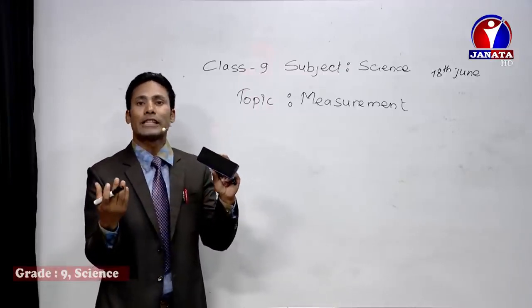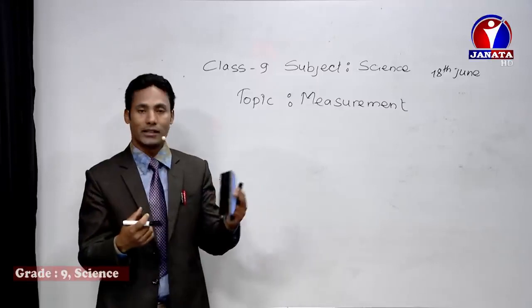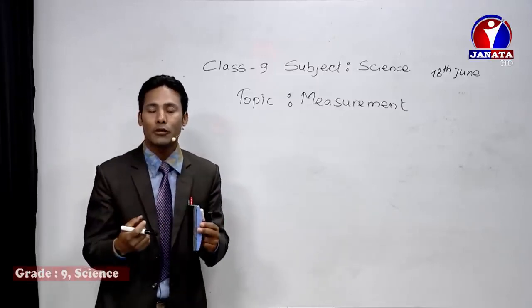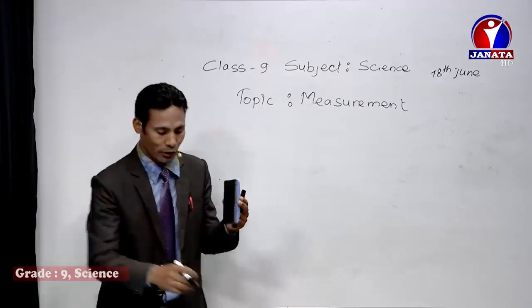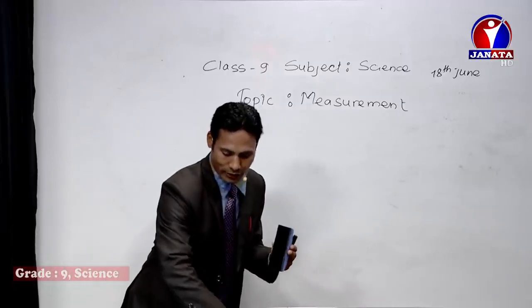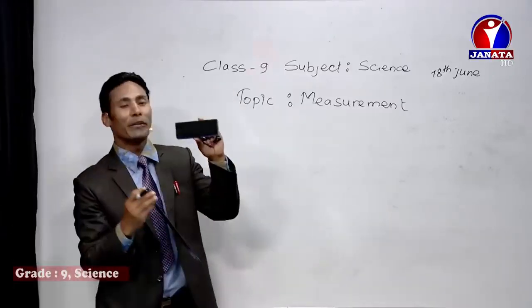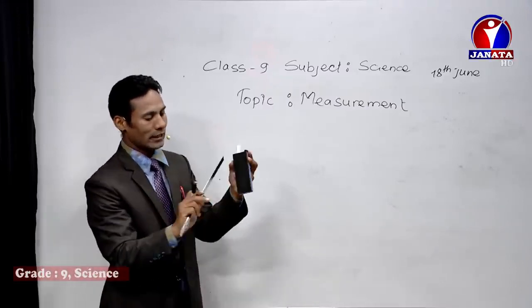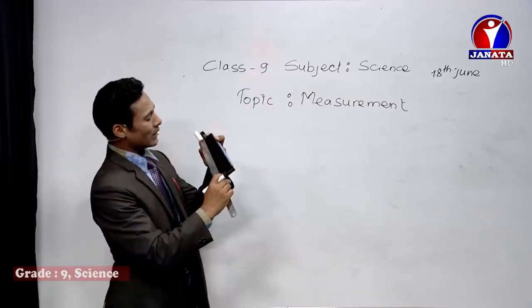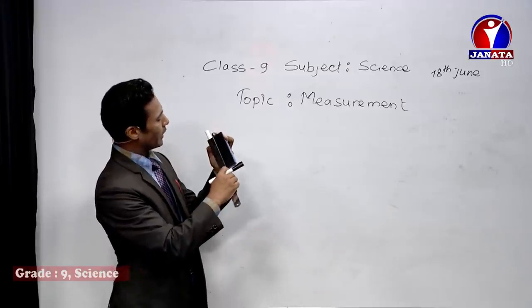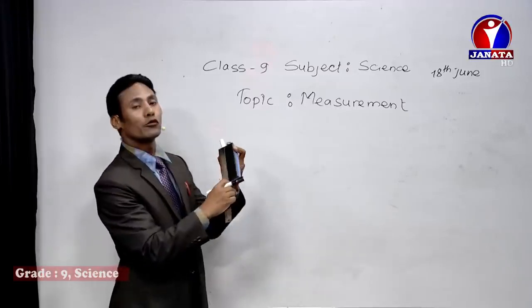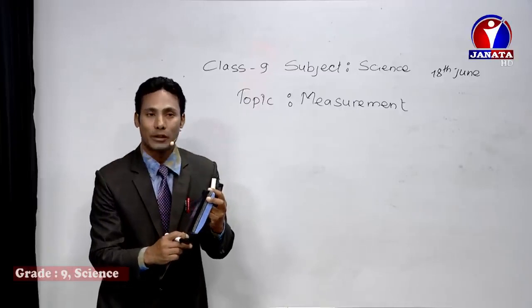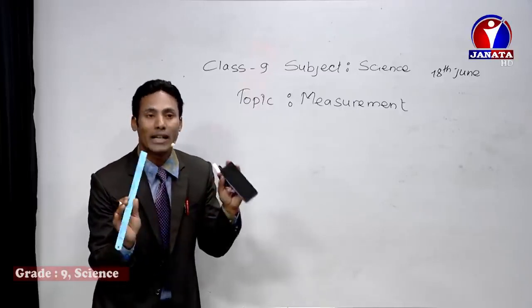We can use a scale, a meter rod, or a measuring tape. I have brought one scale for measuring the length of this duster. So let's see. If I check from here, it is about 14.5 centimeter. That is the measurement I have done.